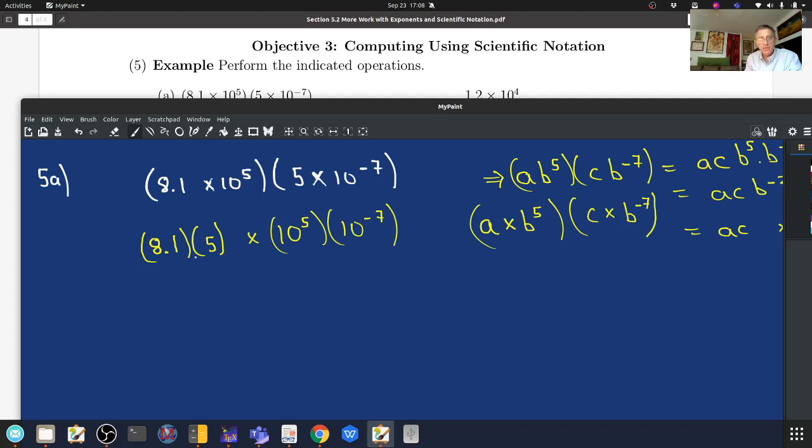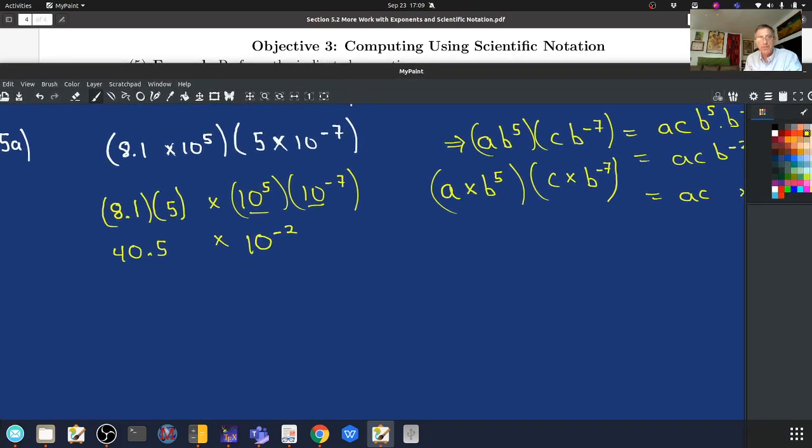Well, 81 times 0.5 is 40.5. And the bases are the same. The base is 10. So I just add the exponents. So it's 10 to the minus 2. But does anyone see a problem?